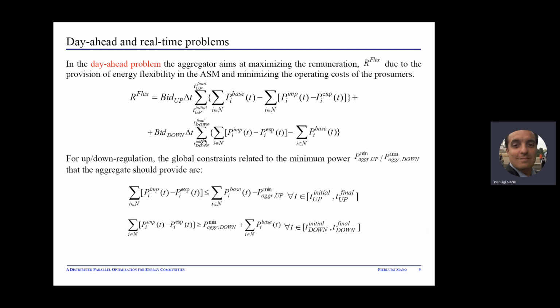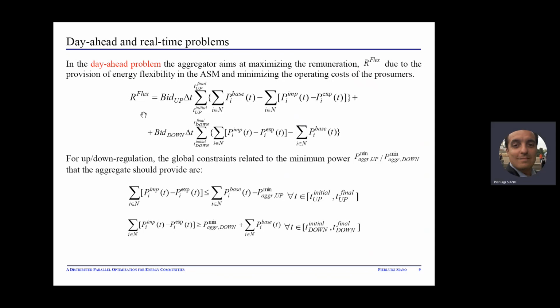In the day-ahead optimization problem, the energy community manager aims at maximizing the remuneration due to the provision of energy flexibility in the ancillary services market, while minimizing the operating cost of the prosumers that are related to the cost of electrical energy.